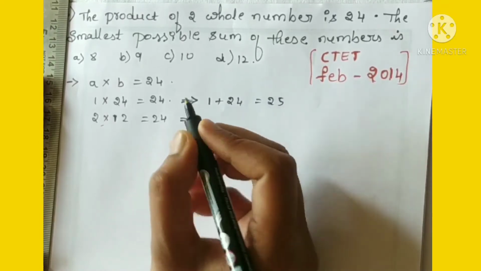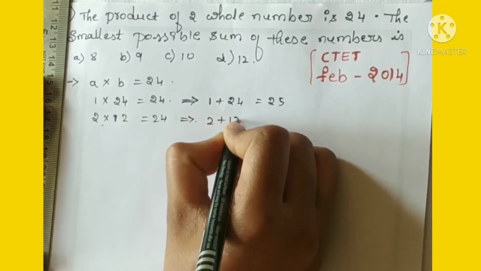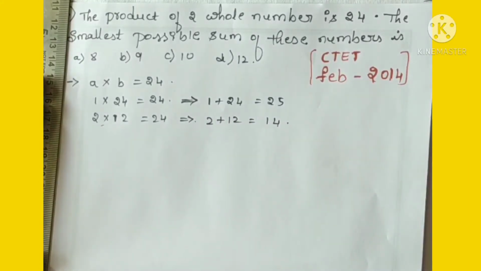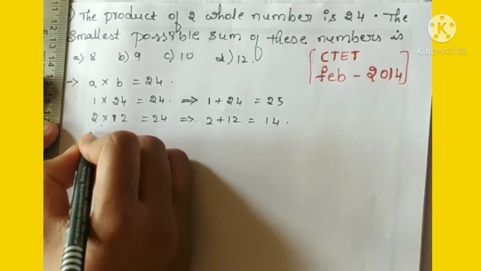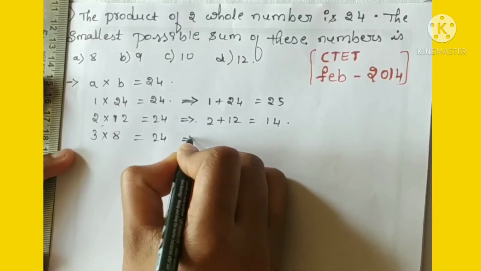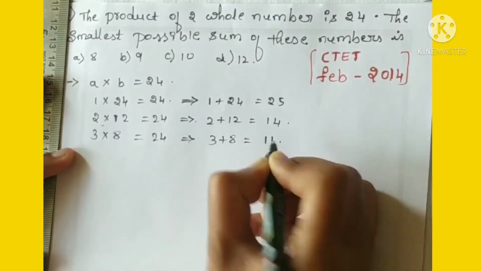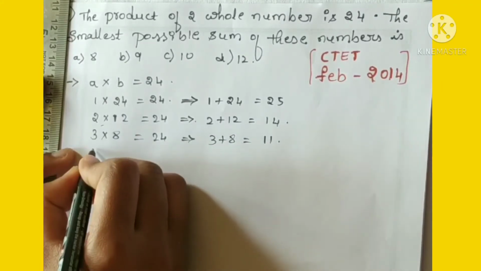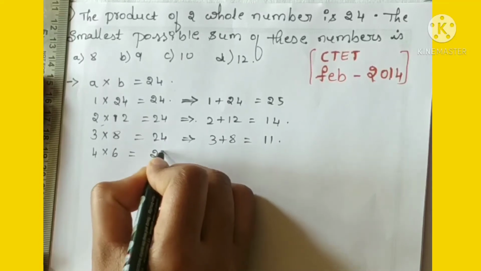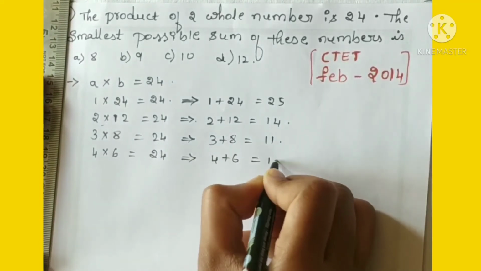Here also I add up these factors, 2 plus 12, which is equal to 14. One more factor for 24 is 3 8s are 24. Here also I add up 3 plus 8, which is equal to 11. Next, one more factor is 4 into 6, which is equal to 24. 4 plus 6 equals 10.